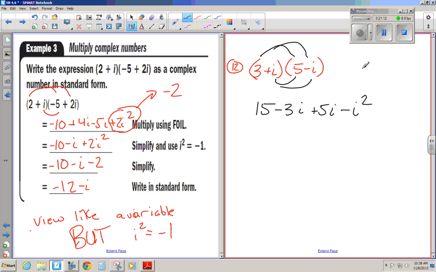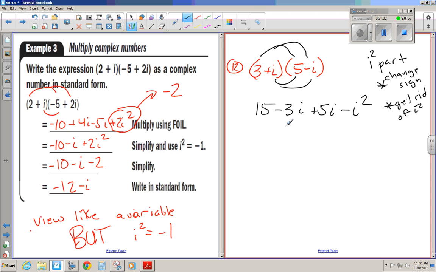So like I said before, the i squared part, you change the sign, and then get rid of the i squared.